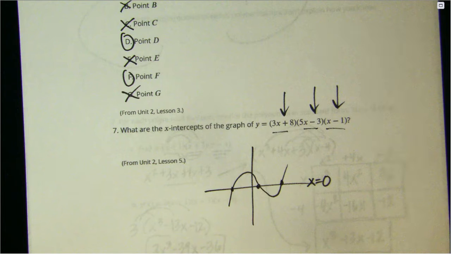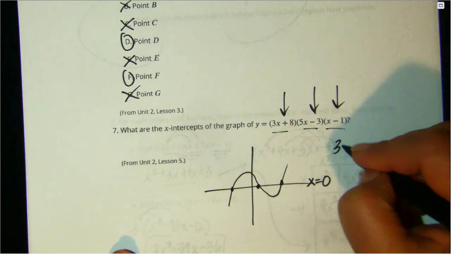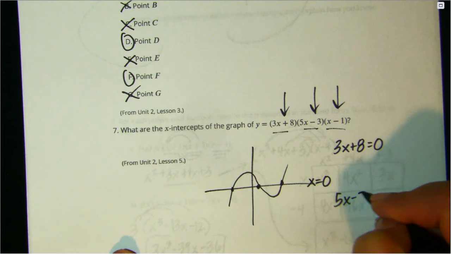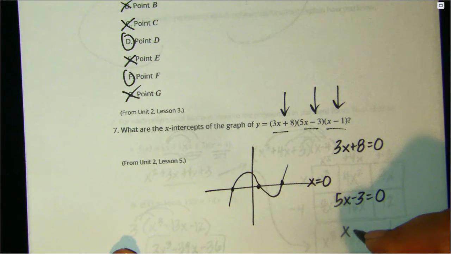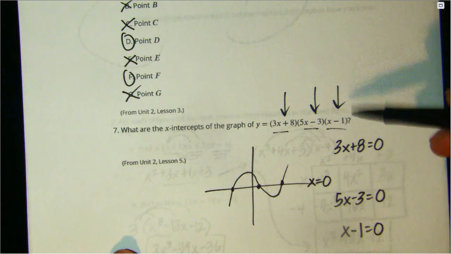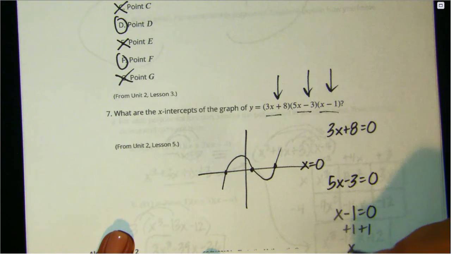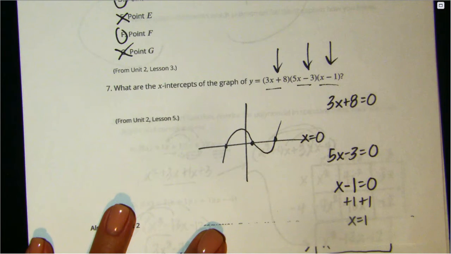You can set them each equal to 0 and make equations out of them. Some people can do this in their head, especially the last one. What makes this guy 0? A 1. Technically, you're solving this simple equation. So one of the x-intercepts is 1.